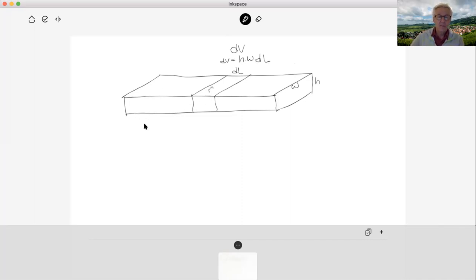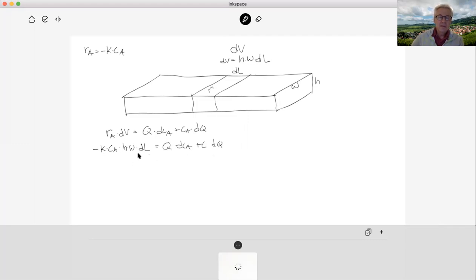So if we go back to our mass balance, which was R dV equals Q times dC plus C times dQ, we see that if we insert the volume and a kinetic expression, in this case it's given that R_A equals minus K times C_A, a regular first order reaction, we get minus K times C_A, that is the kinetic expression, and dV equals H times W times dL, and that equals Q times dC plus C times dQ.